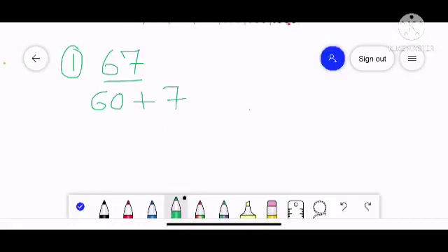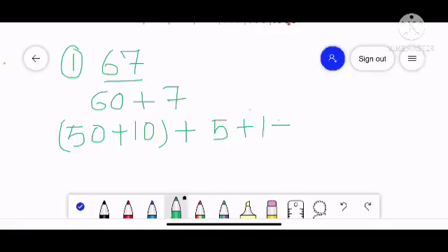But we do not have any Roman symbol for 60. Again we are going to break 60, that is 50 and 10. Now again we put a plus sign. Similarly, we do not have any Roman numeral for 7, so we will break 7 into 5 plus 1 plus 1. Now we are going to put the symbols according to the numbers.